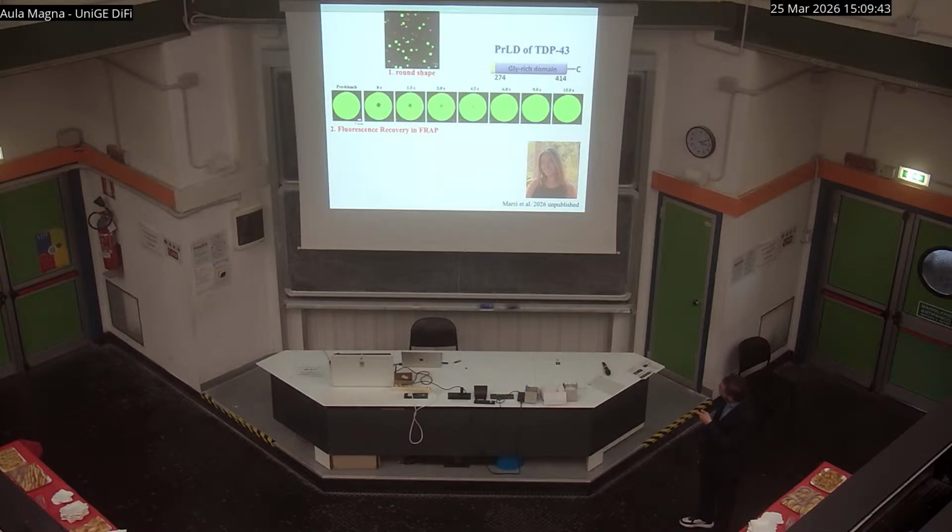I don't know if you are familiar with FRAP. FRAP is fluorescence recovery after photobleaching. What you do in this case, you focus on a droplet, and you provide a strong laser to bleach the fluorescence of the fluorophore. So you can see this dark area in the middle.